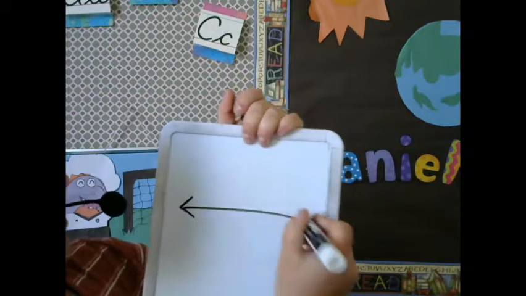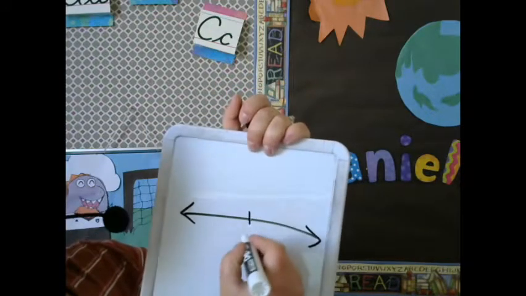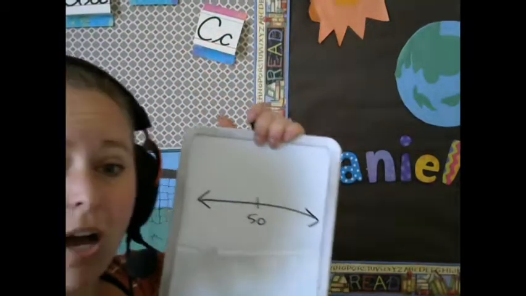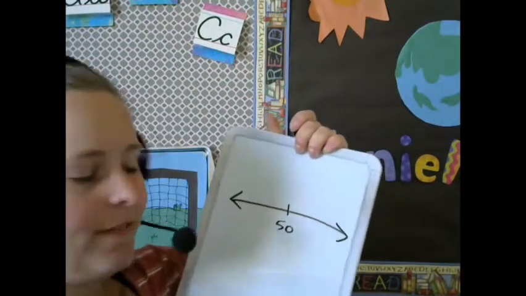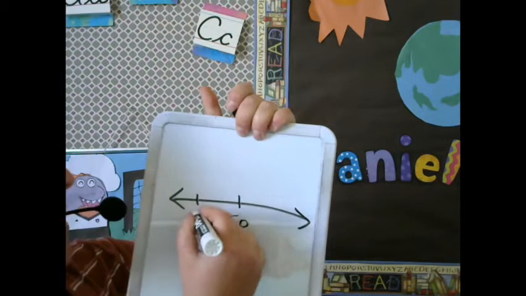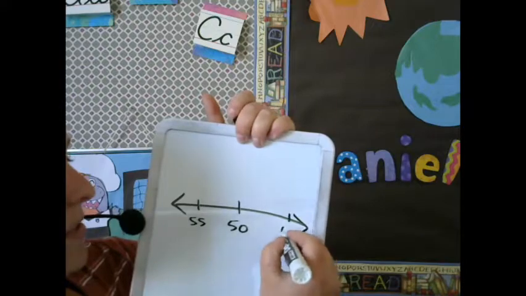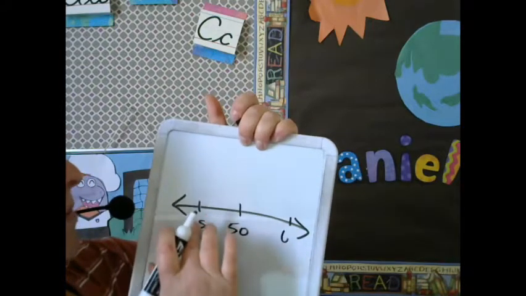Okay, it will also ask you about number lines. So let's say we had the number 50, and we need to plot on here some numbers that will round to 50. So we know that anything from 55 up will round to 50. Anything from, not 55 up. Woohoo!